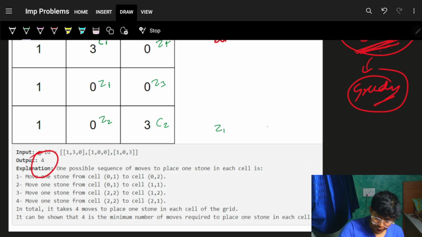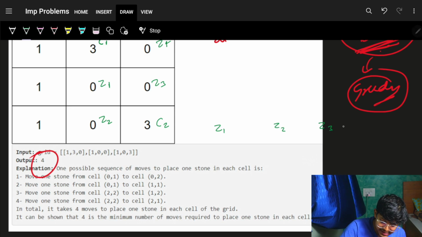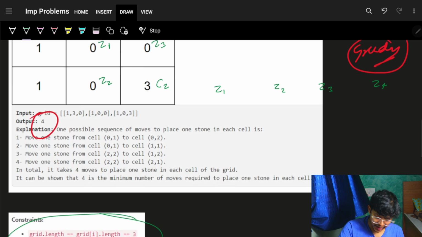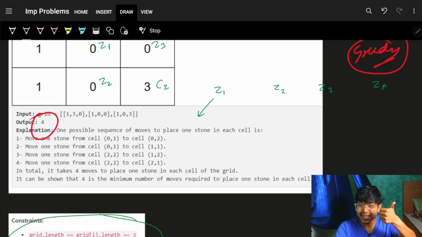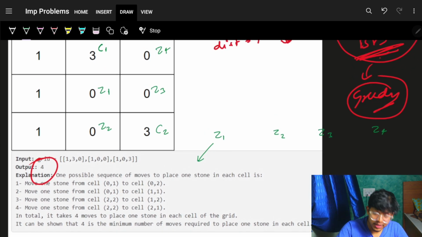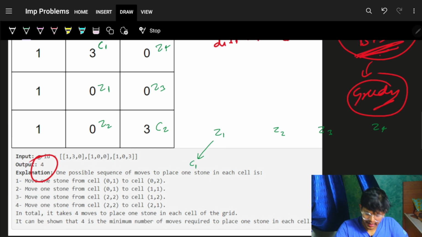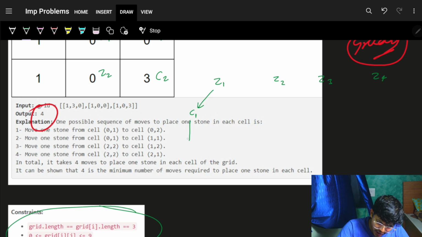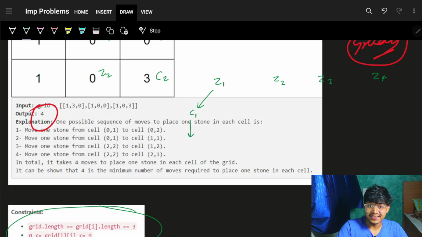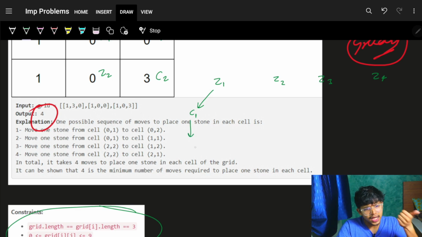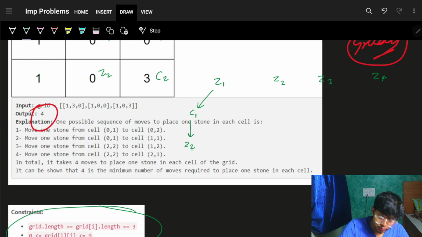But I want to do it for every one of those Z cells, which means the 0 cells. For Z1, I can get a stone from C1, right? And then when the Z1 cell is done, I can go to the cell Z2.